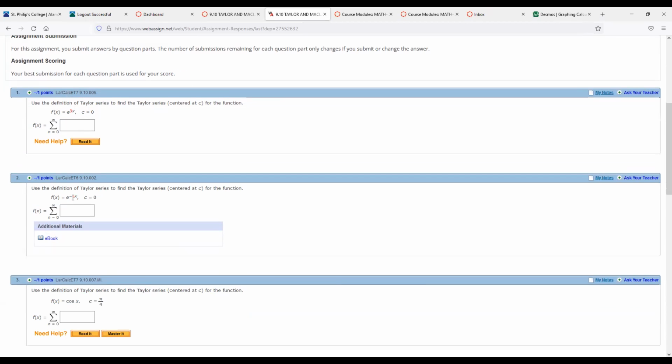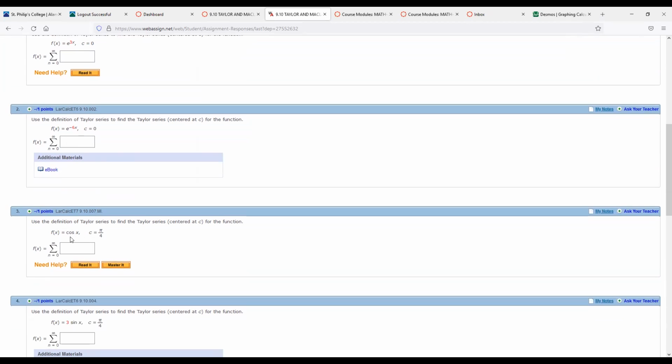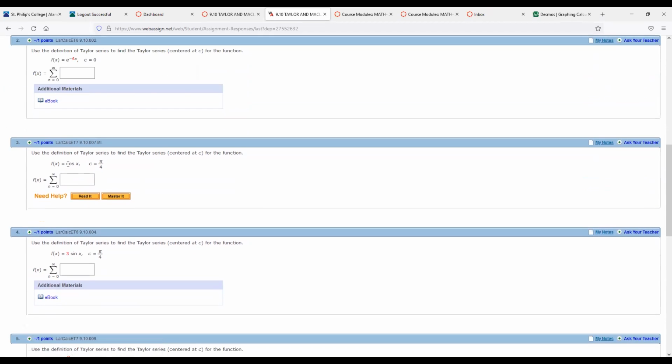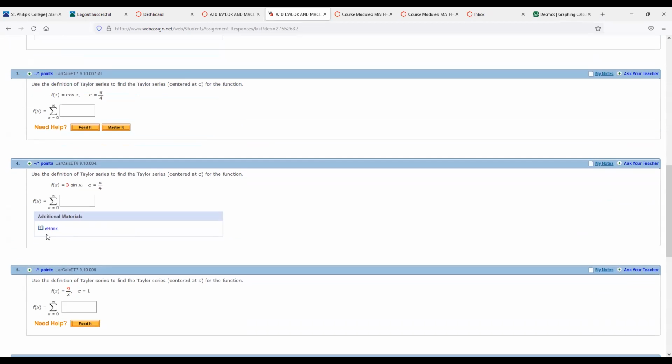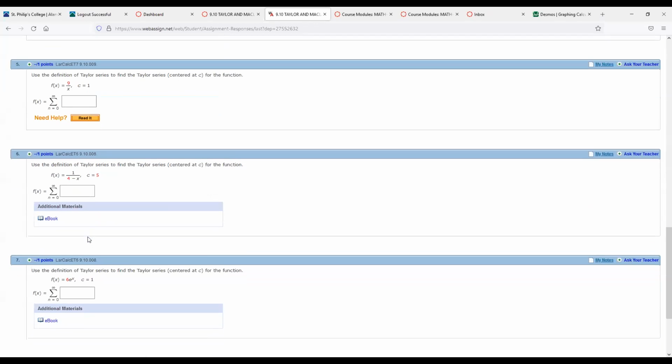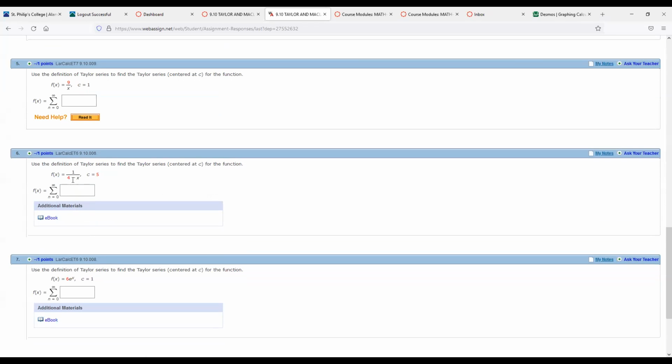Okay, this one will alternate. This one will be a little bit similar to the last example. 4 would be a little harder. 5 and 6 would be annoying because it's a rational. So just keep it in parentheses as you do the derivatives.